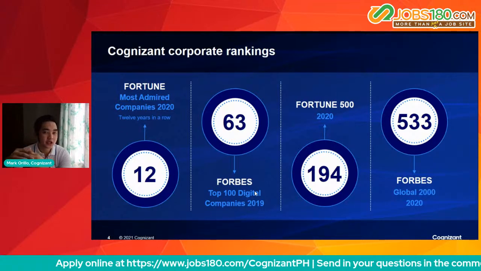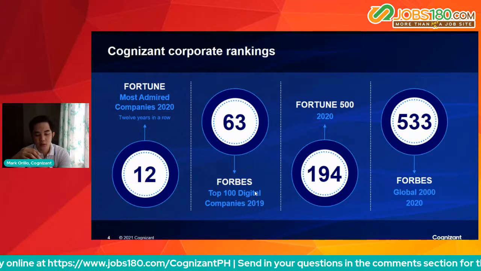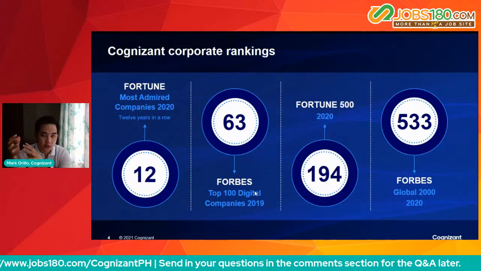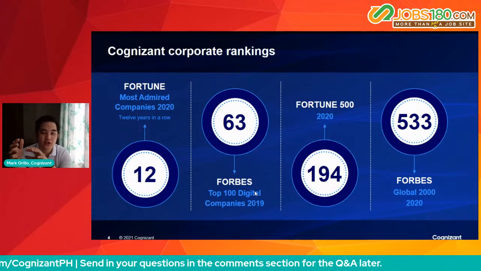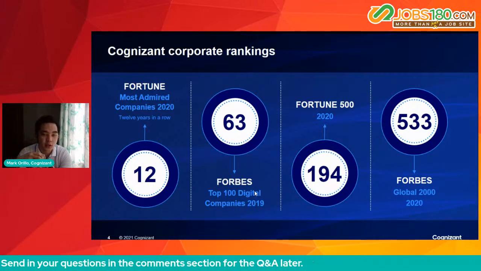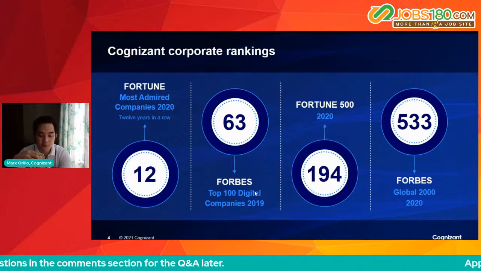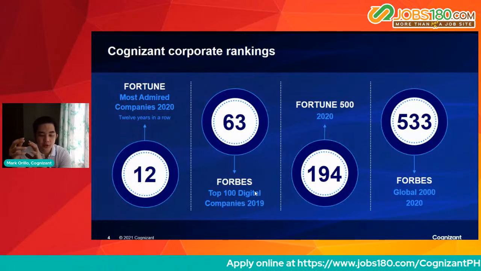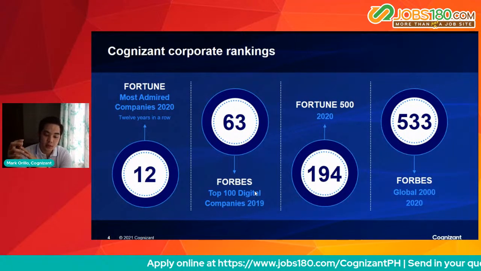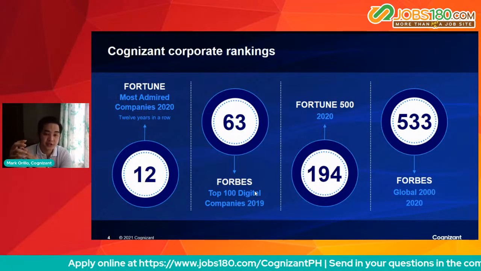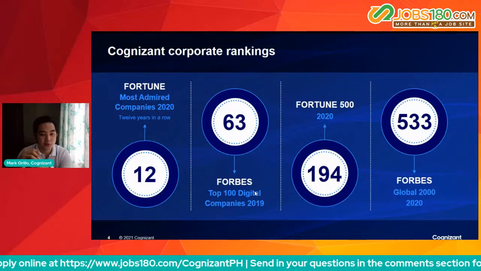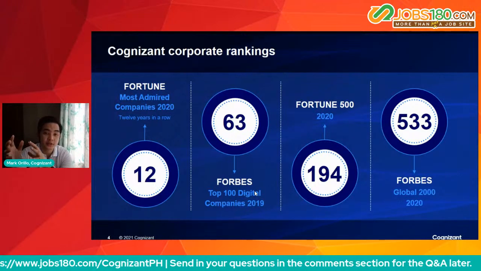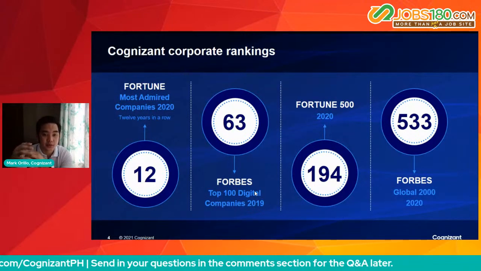As we combined our passion for client satisfaction and technology innovation, we were able to take the 194th spot last year. At the same time, we have been one of the most admired companies for 12 years in a row in 2020. We're also part of the Forbes Top 100 Digital Companies in 2019, ranking 63rd.